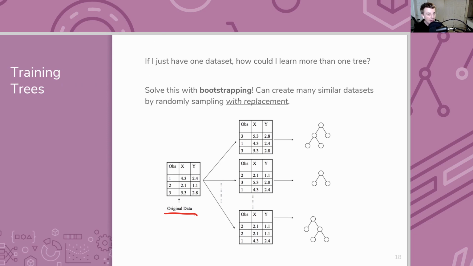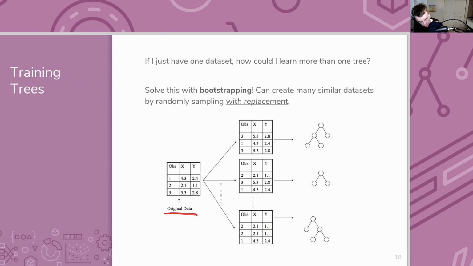Observation 1 with x 4.3, y 2.4, observation 2 with x 2.1 and y 1.1, observation 3 with x 5.3 and y 2.8. A bootstrapped version of this dataset has the same number of rows, but the rows are sampled randomly with replacement. And we do this many, many times to get many versions of our data set.